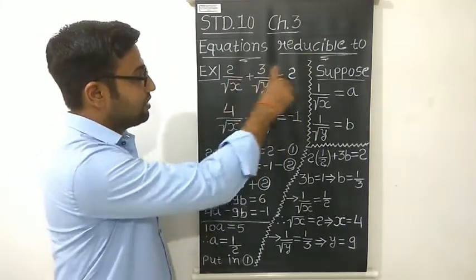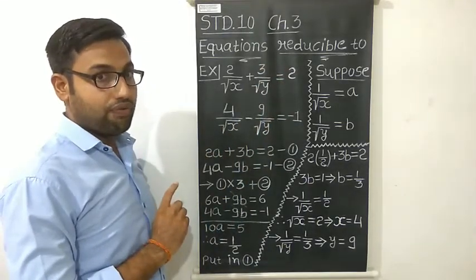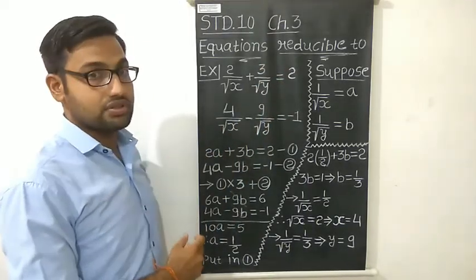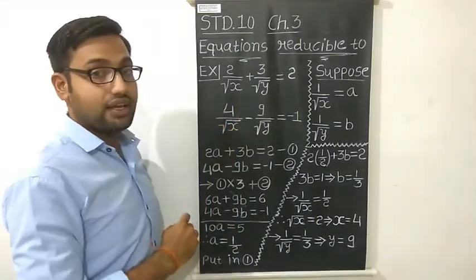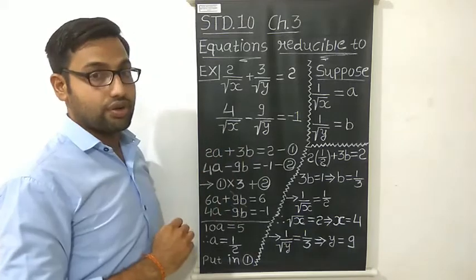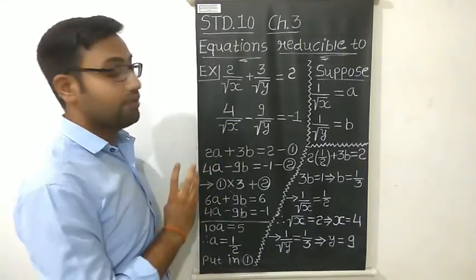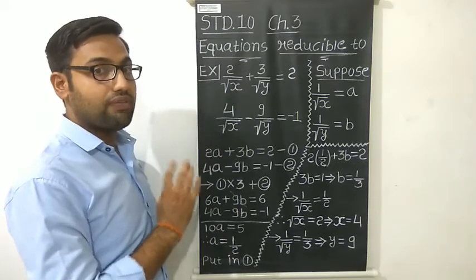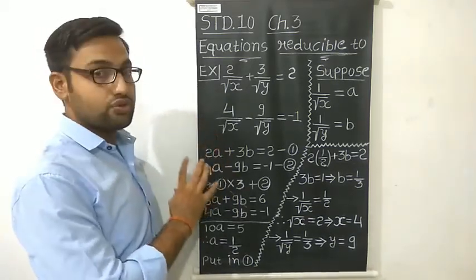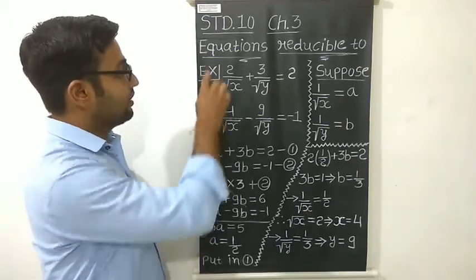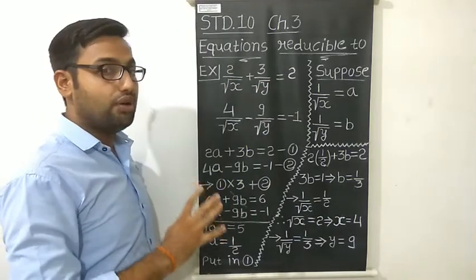Both these equations are not in the form of a pair of linear equations, because here both the variables x and y are under root. So how to reduce this kind of equations into a pair of linear equations? Today's topic is all about that: equations reducible to a pair of linear equations in two variables.